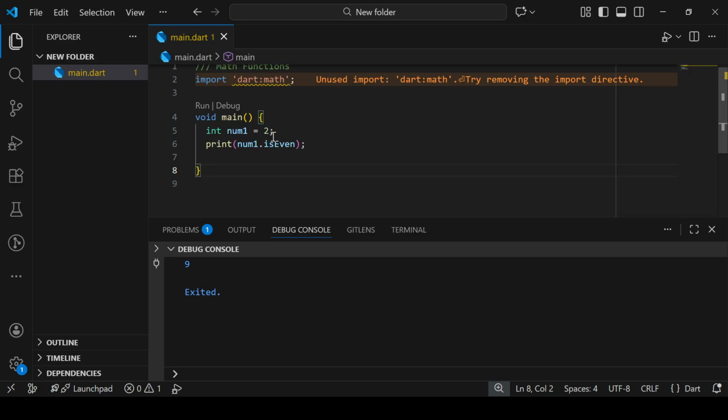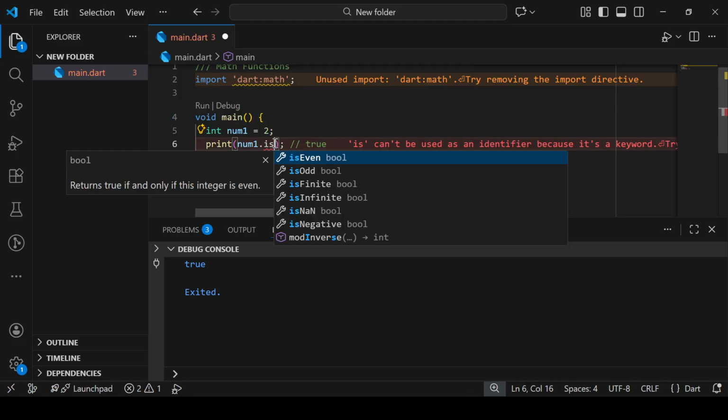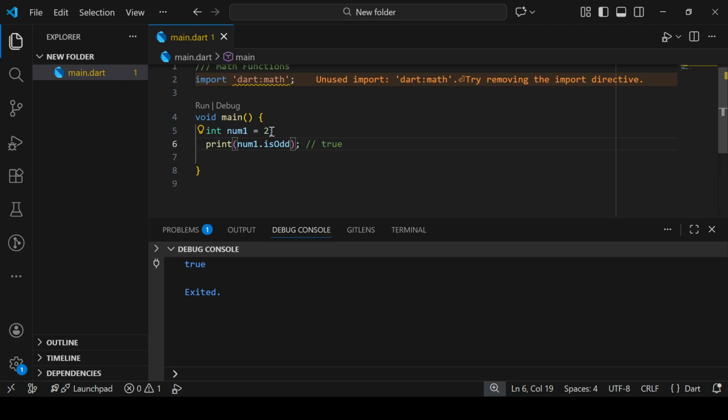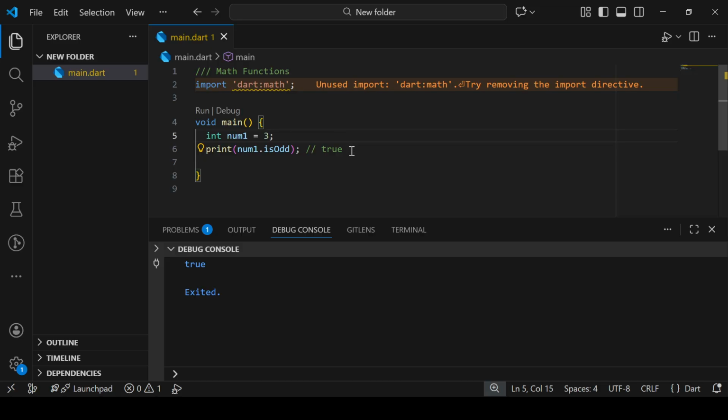So if this number is even, it returns true. If this is not even, it returns false. Now you can see the number is even, so it returns true. Also if I write here isOdd, and here this number, if I write 3, it returns true, because this 3 is an odd number.